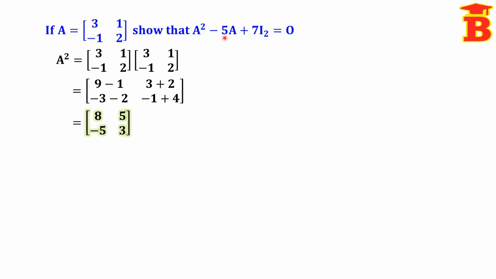Next we have to find minus 5A. So minus 5 into A matrix [3, 1; minus 1, 2]. This minus 5 multiplies inside all the numbers. That is minus 5 into 3, minus 15. Minus 5 into 1, minus 5. Minus 5 into minus 1, plus 5.